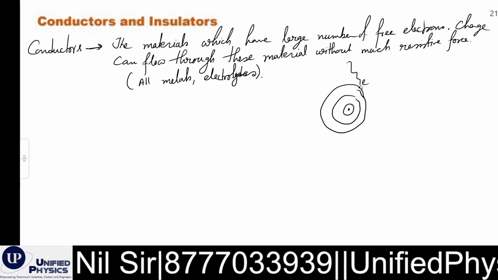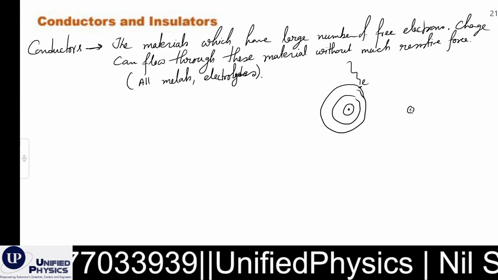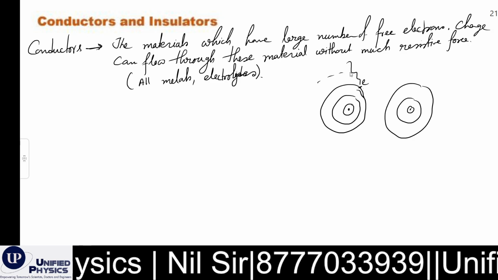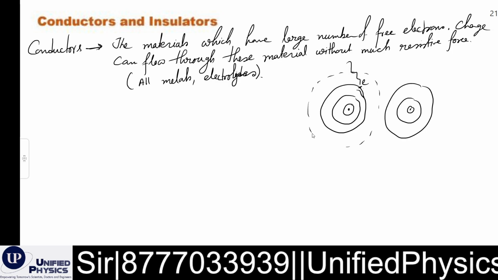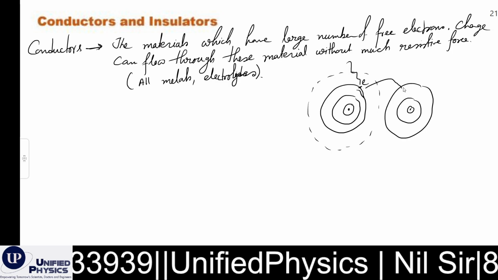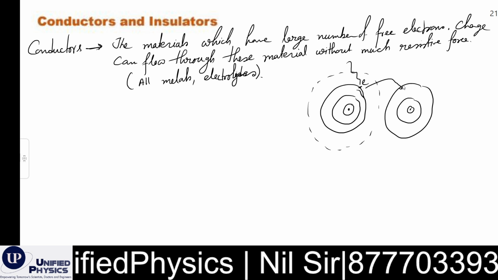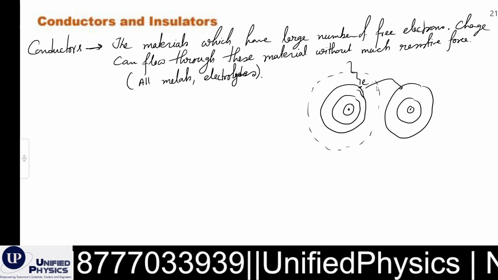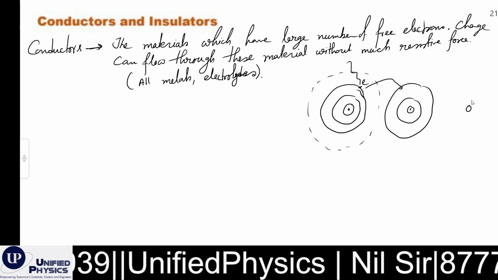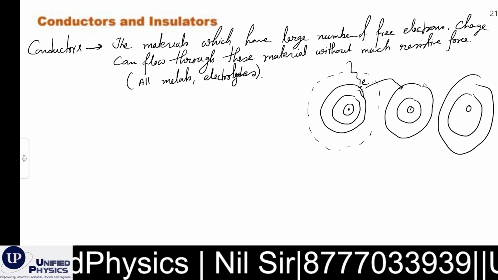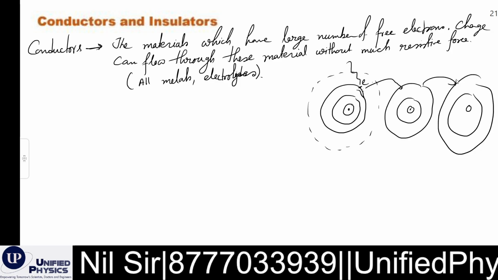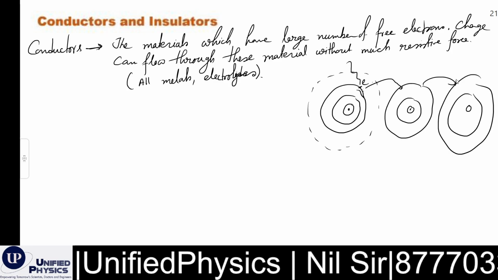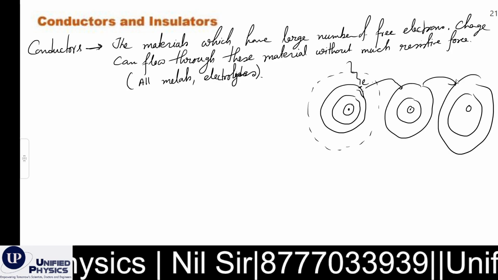These can easily jump to the next orbit, or to the orbit of other electrons, very easily at room temperature. So they are free to move from one atom to another in a lattice. That's why these electrons are called free electrons.